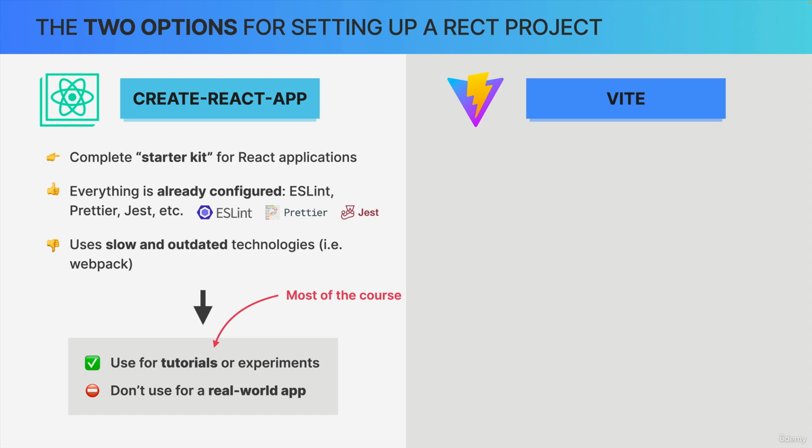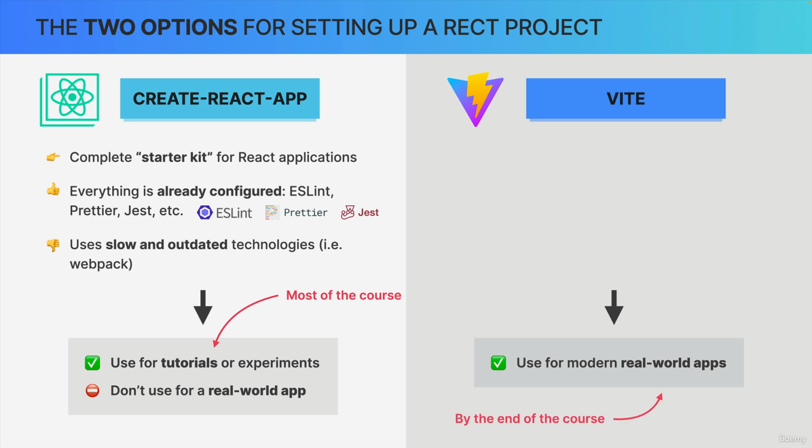But that's only true for building real apps. Again, for learning, it's still 100% fine because you will not encounter the problems that the large-scale apps will face, like slow refresh times. Now, if you do want to build real-world applications with React, as we will do by the end of the course, then Vite is the perfect choice.